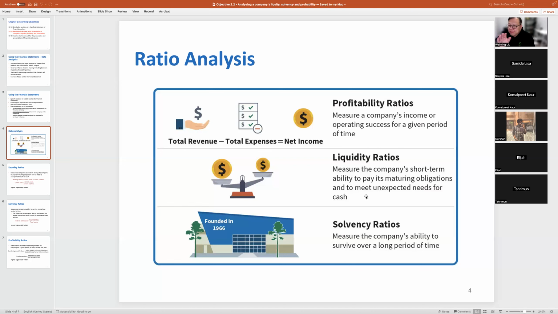So in a short term, does the company have enough resources to pay its maturing obligation? Solvency ratios is the company's ability to survive over a long period of time. So you can see these ratios will be really important and interesting to the managers to help give the managers some useful information, right?